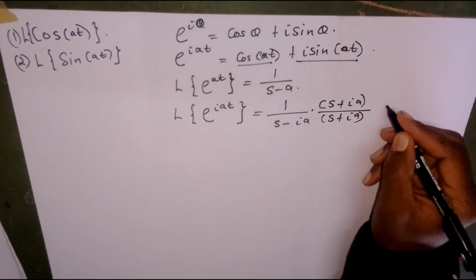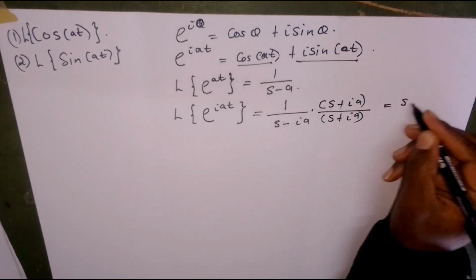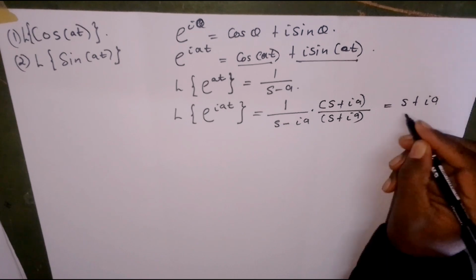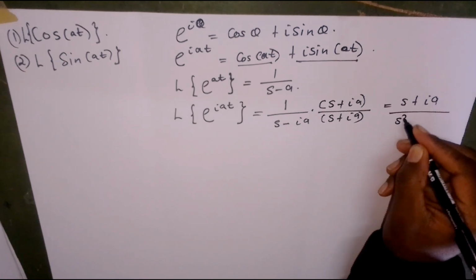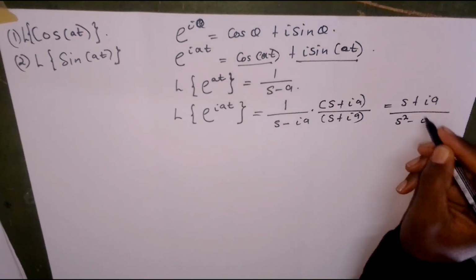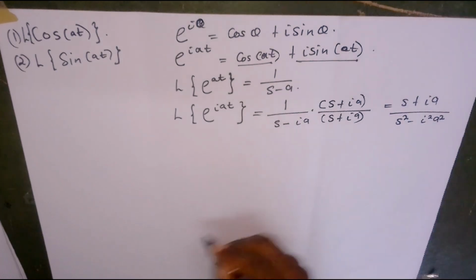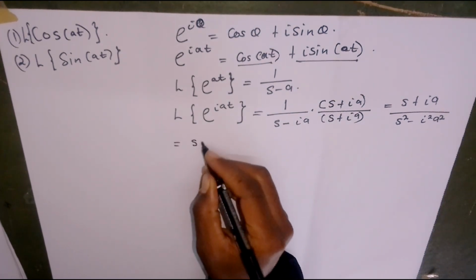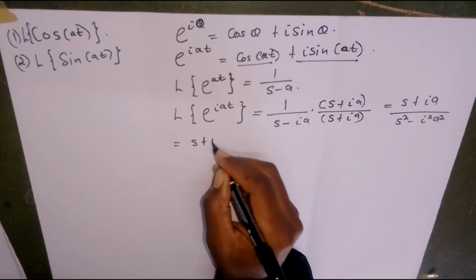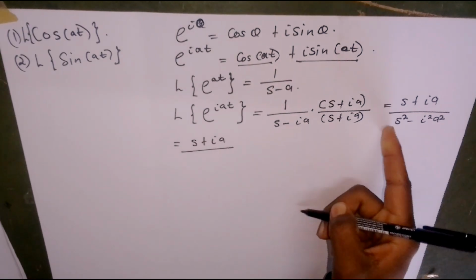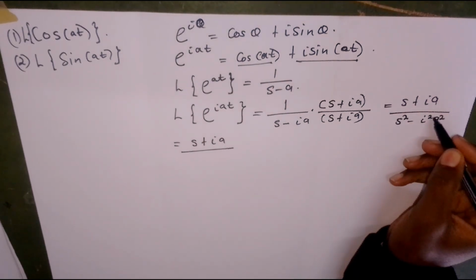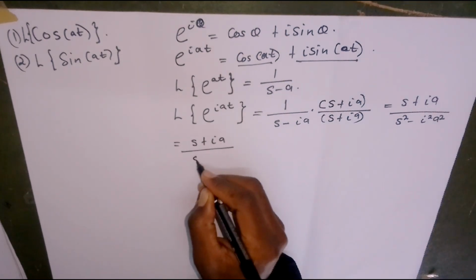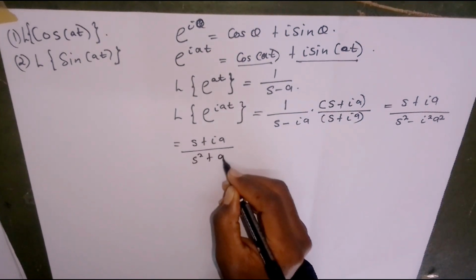Our answer here is going to be equals to s plus ia over s squared minus I squared a squared, which is equals to s plus ia over, here I squared is -1, so we are going to be left with s squared plus a squared.